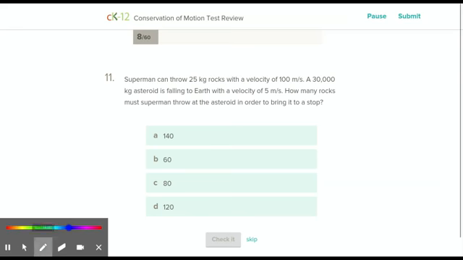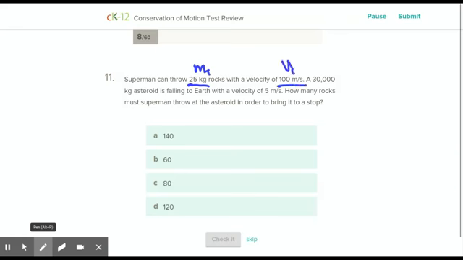Number 11. Superman can throw a 25 kilogram rock with a velocity of 100 meters per second. M1, V1. A 30,000 kilogram asteroid, so M2, is falling to Earth with a velocity of 5 meters per second, so V2.